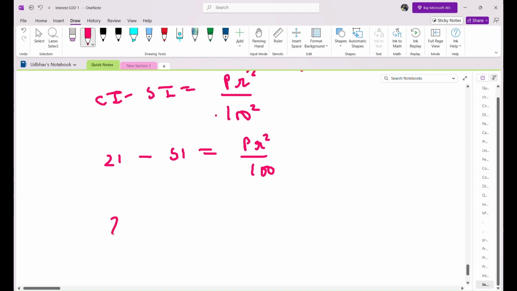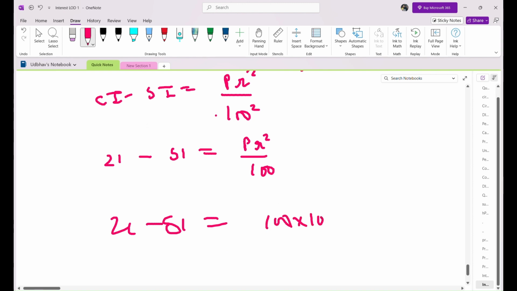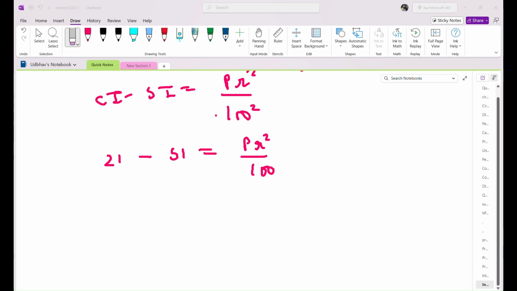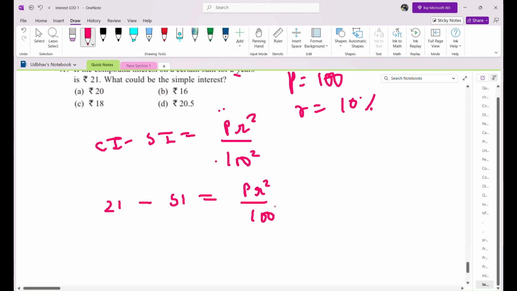So we can put in the values here. For 2 years, for such a small period, the compound interest is almost equal to the simple interest.